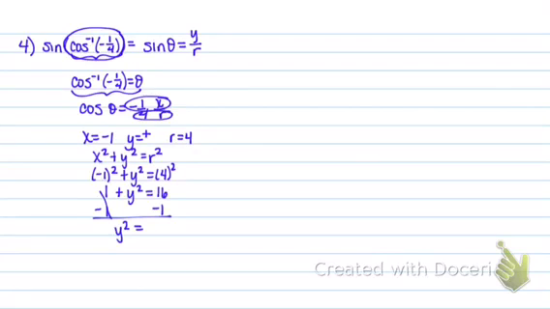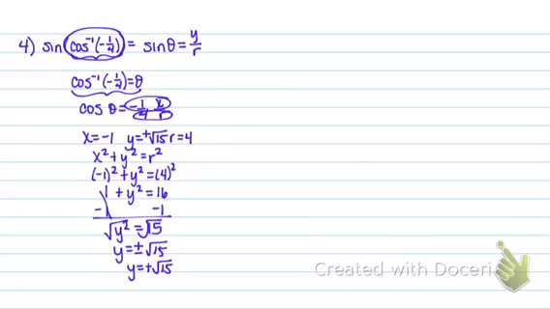So y squared is equal to 15. And so y is equal to positive or negative square root of 15. But we already said we're going to use the positive. And so now 15 only breaks down to 5 and 3, so we can't simplify the square root. So we know our y is a positive square root of 15.